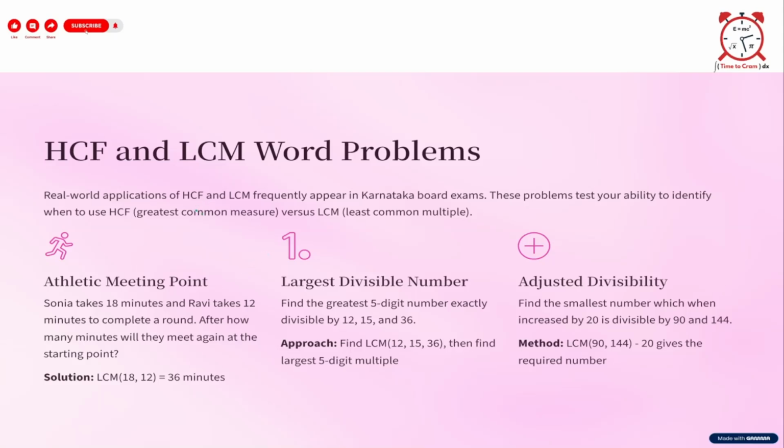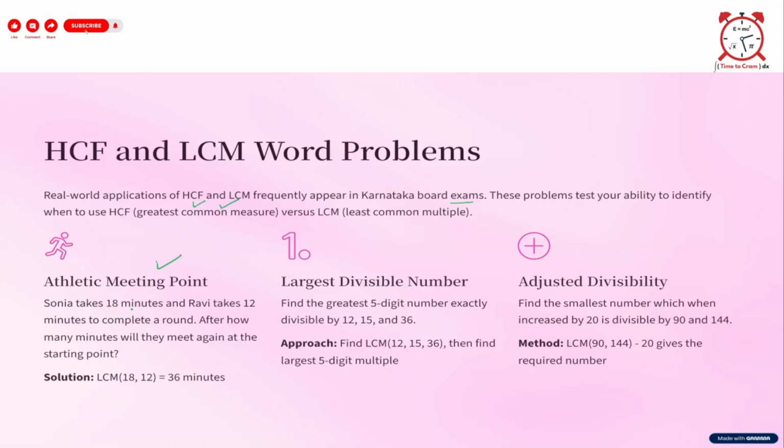Real world applications of HCF and LCM frequently appear, as you noticed in Karnataka Board exams. These problems test your ability to identify when to use HCF, greatest common measure, versus LCM, least common multiple, in real life applications.